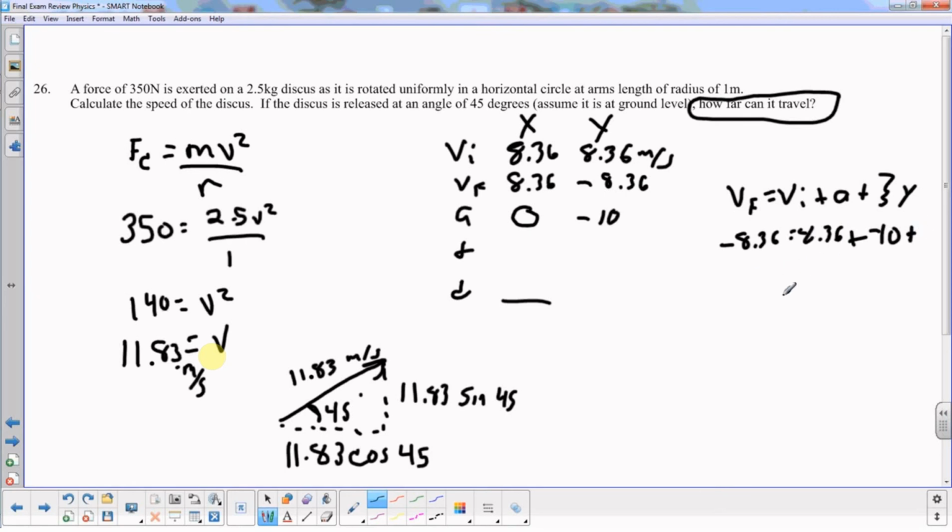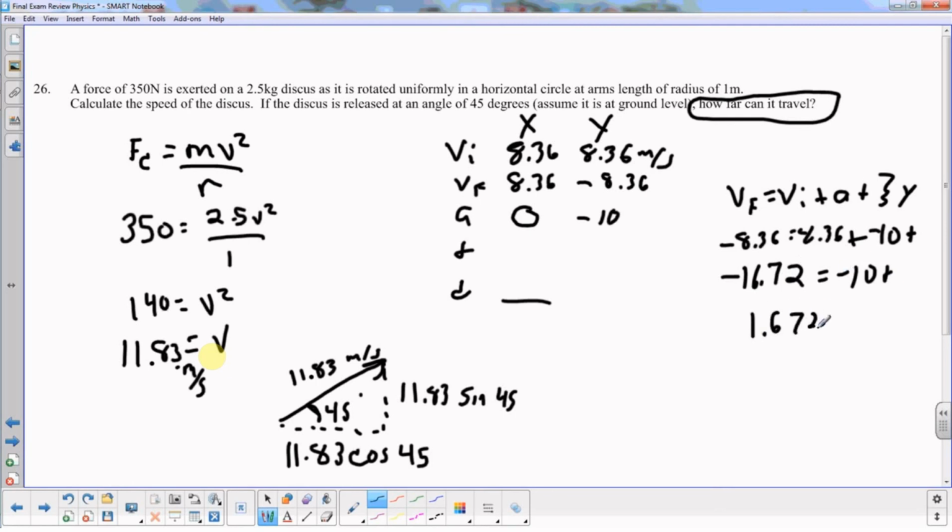So now you're going to have to take negative 8.36 and subtract 8.36. Why? Because this minus that is going to give us negative 10t. So negative 16.72 equals negative 10t. Divide both sides by negative 10.